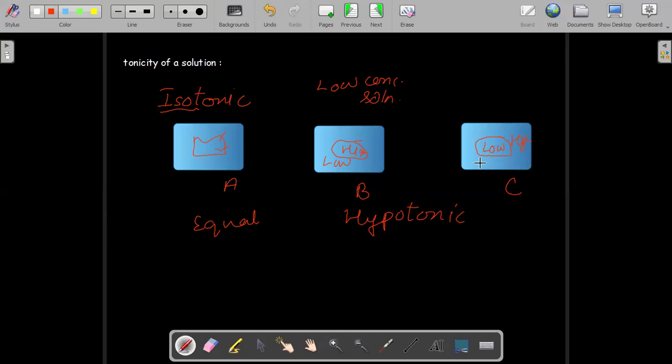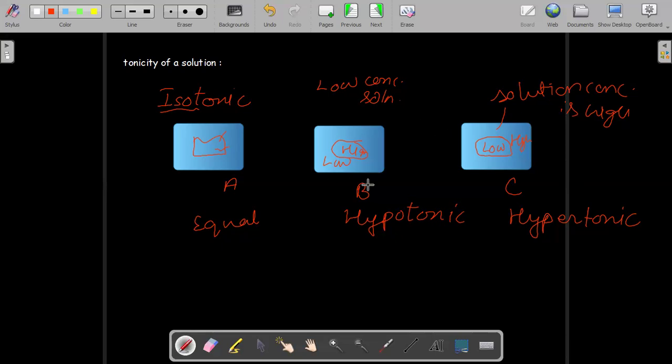Here this is a hypertonic solution. Hypertonic means the concentration of the solution is high, higher than the concentration of the cell.